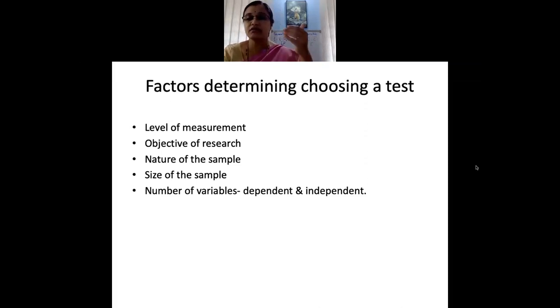Suppose I've taken 100 to 500 employees, what is the frequency that you can find out? If it is 500 to 1000, what is the frequency? If it is 1000 and above, what is the frequency? So you keep finding frequencies and you represent it in the form of a graph.